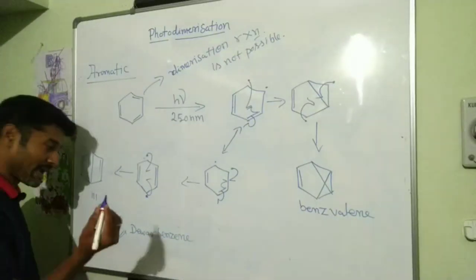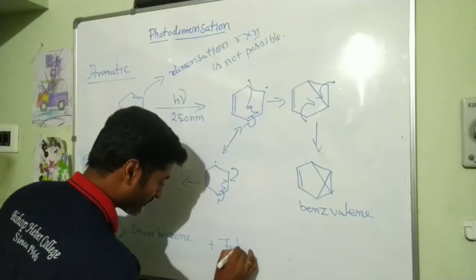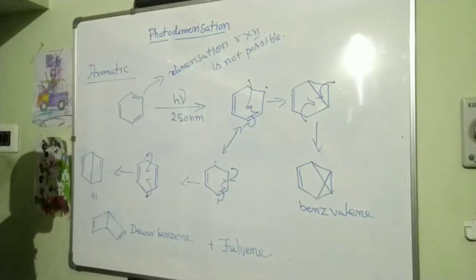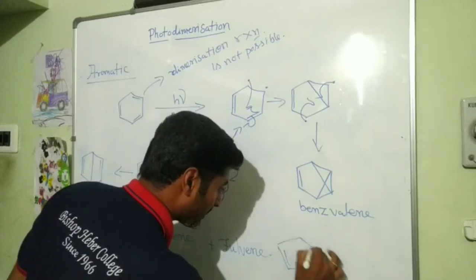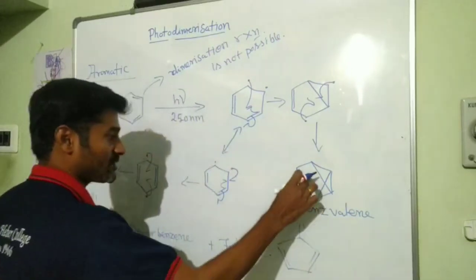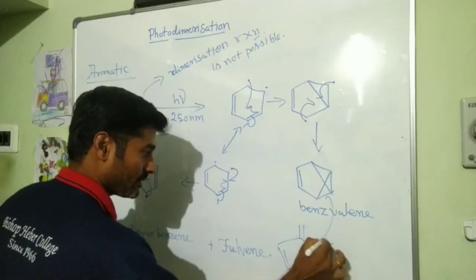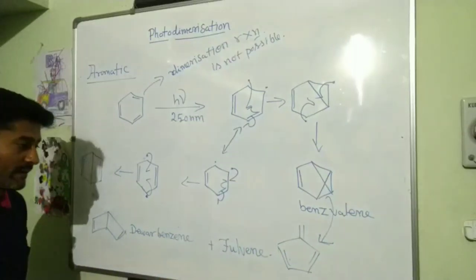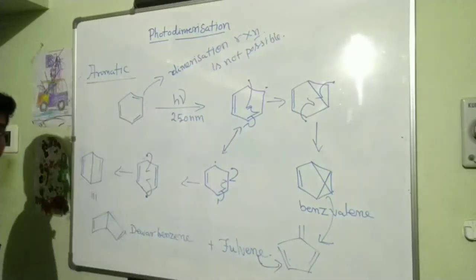And one more product is fulvene. I'll add the structure. This is another product from benzvalene. Again, this will undergo a radical reaction, and you'll get fulvene as a third product.